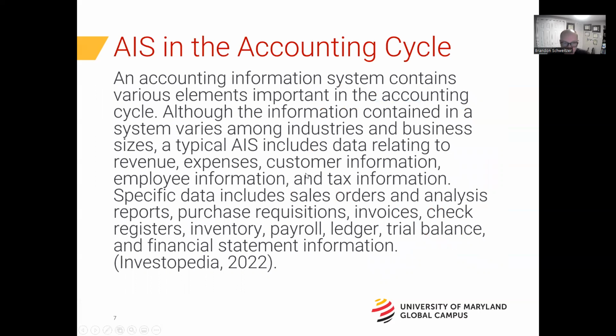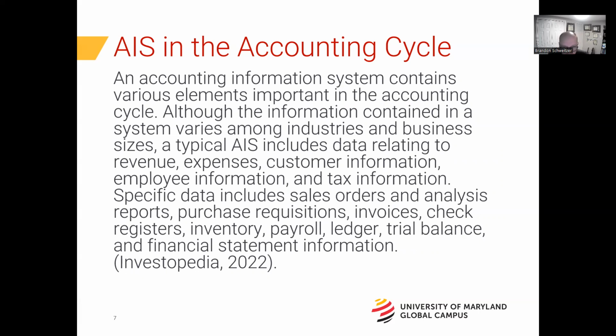Now, what does all that mean for an accounting information system? Well, the accounting information system follows the accounting cycle. The information obtained in the system, of course, is going to be different from business to business and different from industry to industry.